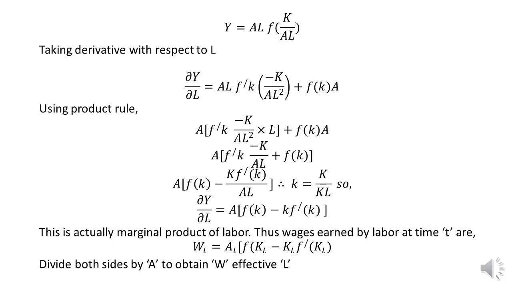For the derivative of K by AL, we have to use the quotient rule, and then after replacing K by AL with this small k, we can rewrite the equation as A into F of K minus K F dash of K. So this is the net change in output due to labor, that is the marginal product of labor, and we can say this is the real wages, that is the income earned by the labor.